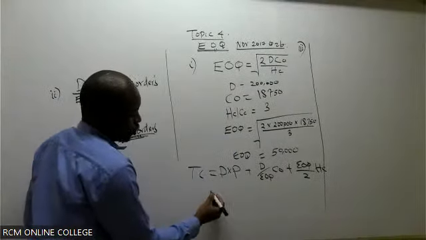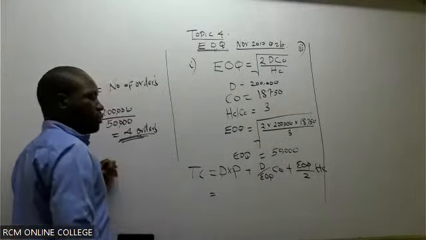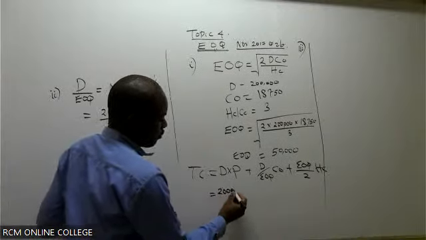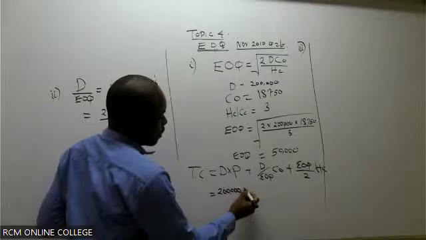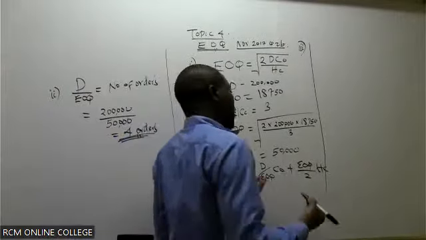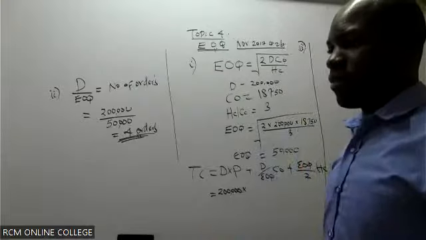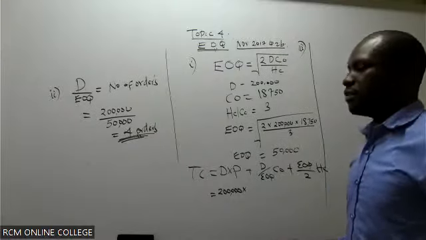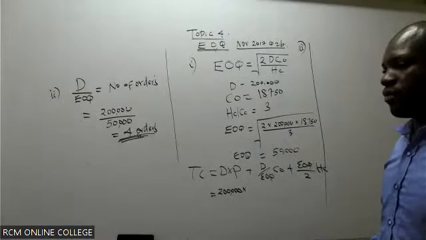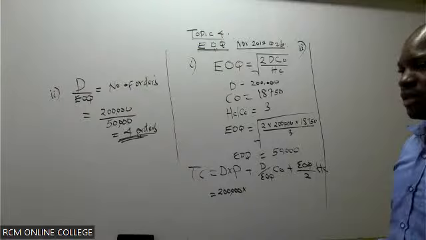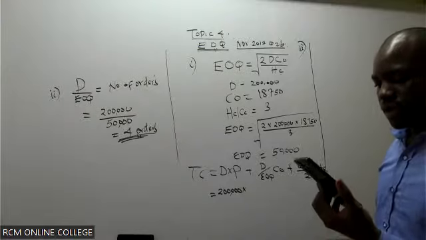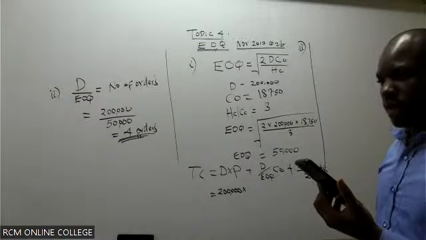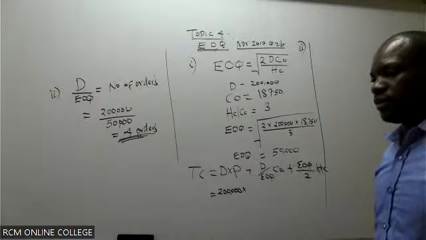So total cost will be equivalent to demand, which is 200,000, multiplied by purchase price. Within the question, do we have purchase price anywhere? Are we given the purchase price, the amount you're going to pay to the supplier?